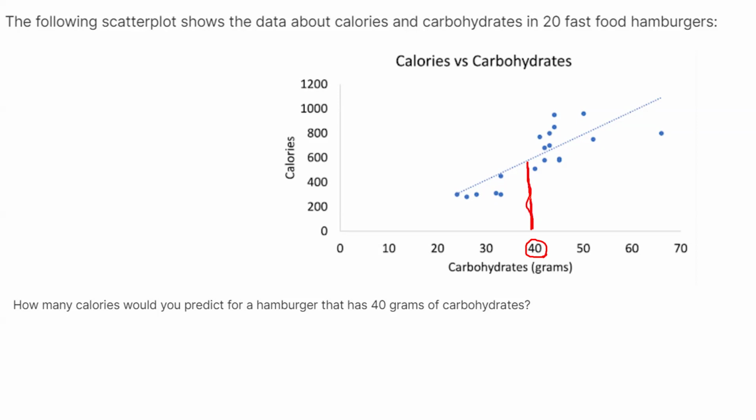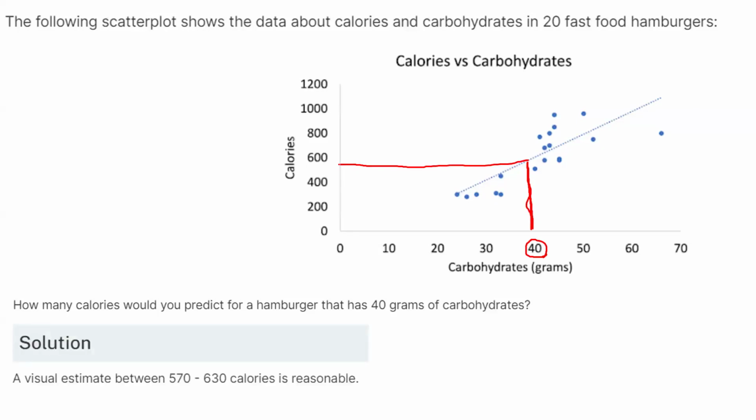We're just doing our best using the regression line to make a decision. So it seems like we're going to have around 570 to 630 calories. So this is this interval here. Any number in between should be acceptable because we don't have the actual value for 40. We are using best guess, best judgment, looking at the data and the regression line.